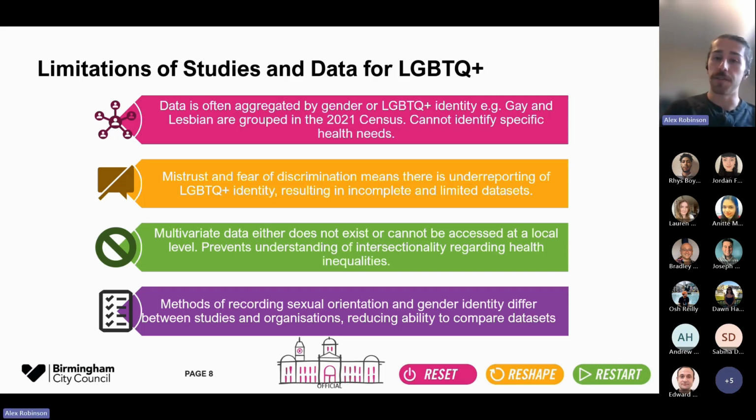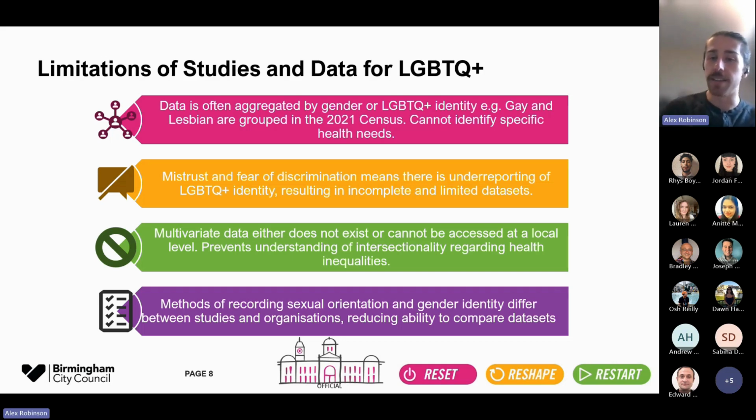Thirdly, data often doesn't exist at a Birmingham level, so national level data has to be relied upon. Even where data does exist, such as the 2021 census, multivariate data can't be accessed at a local level, usually to protect against the risk of identification. For example, it's not possible to access data at Birmingham level that looks at sexual orientation by disability by another variable, such as employment status or general health.